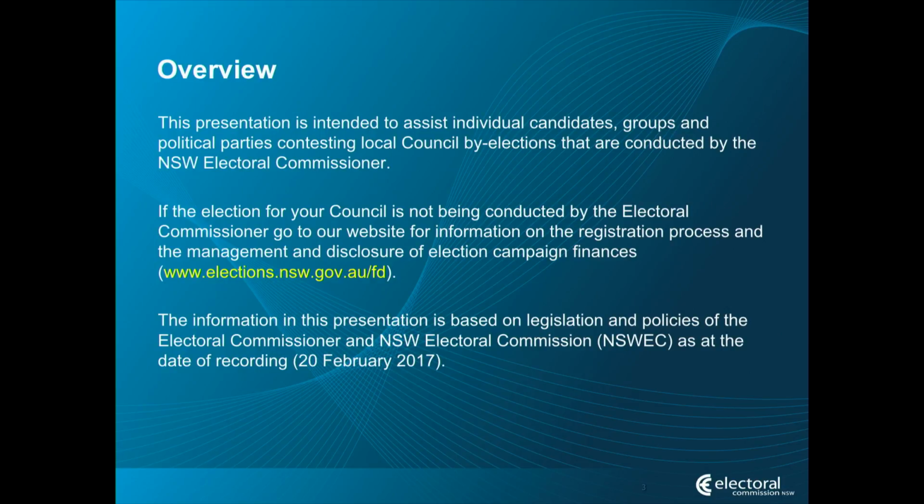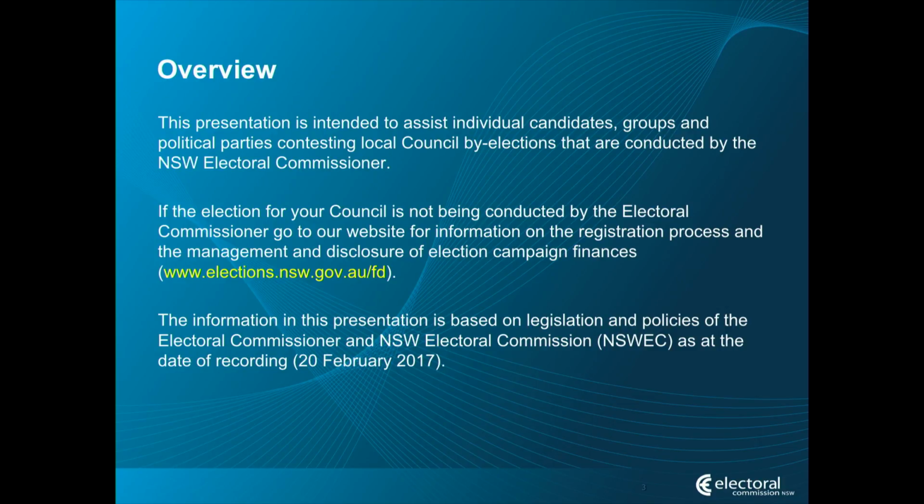Overview. This presentation is intended to assist individual candidates, groups and political parties contesting local council by-elections that are conducted by the New South Wales Electoral Commissioner. If the by-election for your council is not being conducted by the Electoral Commissioner, go to our website for information on the registration process and the management and disclosure of election campaign finances.